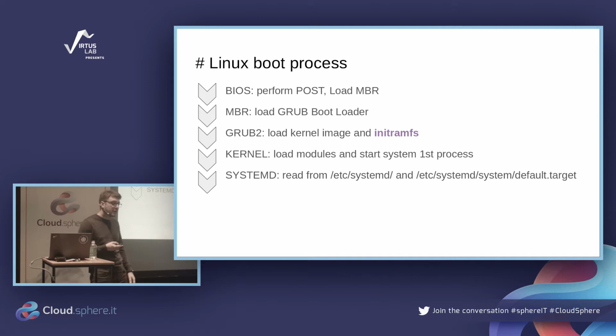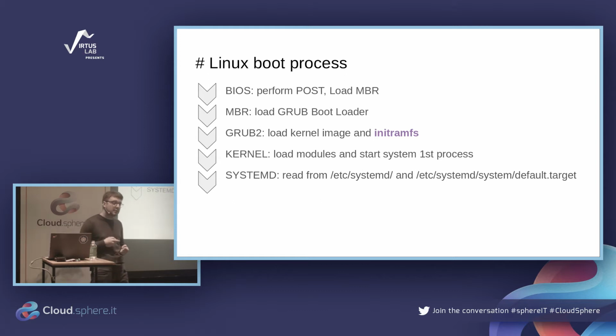In order to understand when and where Ignition is executed, let's take a look at the Linux boot process. So BIOS performs a power-on self-test, which checks the status of physical devices. Then it loads the master boot record. The master boot record loads the bootloader, and then the bootloader loads the kernel image and something called the initial RAM file system.